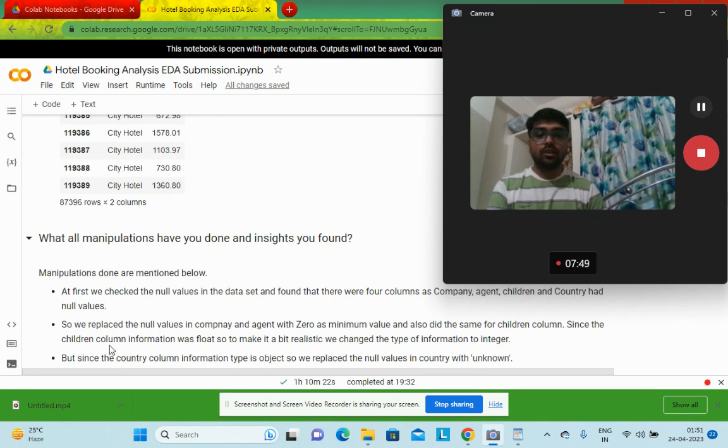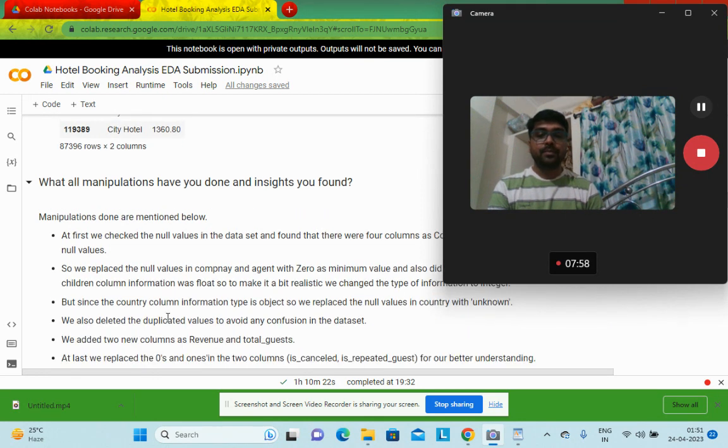Since the children column's information type was float, to make it a bit more realistic, we changed the type to integer. But since the country column's information type is object, we replaced the null values in the country column with the word unknown. We've also deleted the duplicate values to avoid any confusion in the dataset.